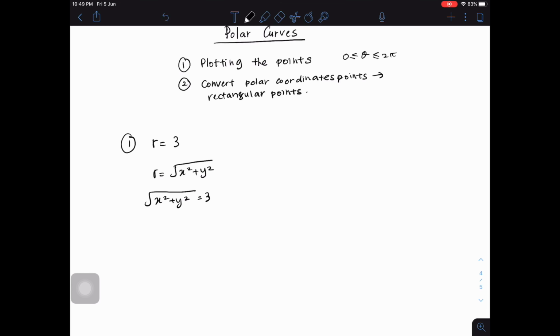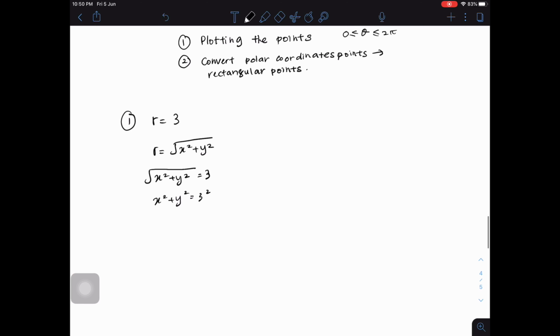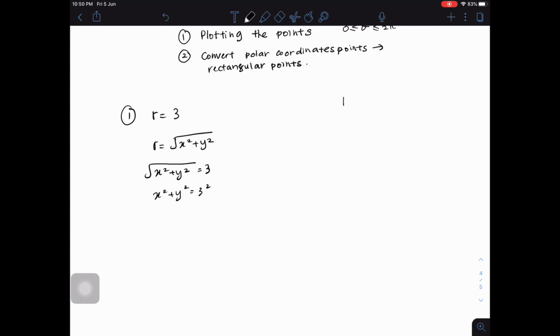From here, you will get x square plus y square is equal to 3 square, which is the equation of a circle with radius 3 and center at origin. Therefore, we can directly draw our polar curve, where our polar curve is actually the circle with center at origin and radius equal to 3.